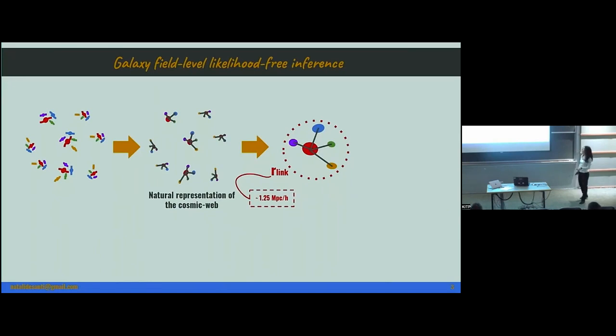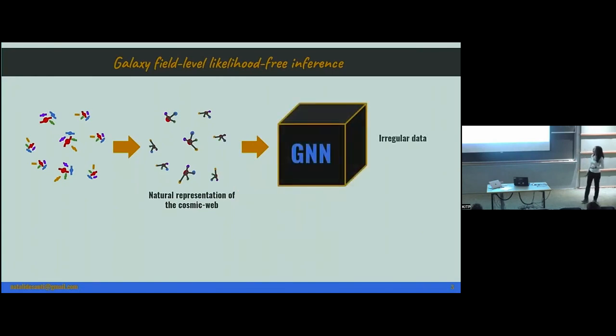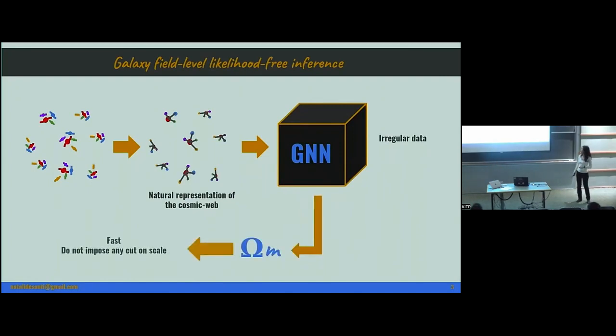In this work, this R-link is around 1.25 megaparsecs per h. Then these graphs are going to feed our black box of machine learning, graph neural networks, which are pretty good at dealing with irregular data. We are inferring omega matter, and this is a really good way to do this because it's a fast method, and we do not have to impose any cut in scale.